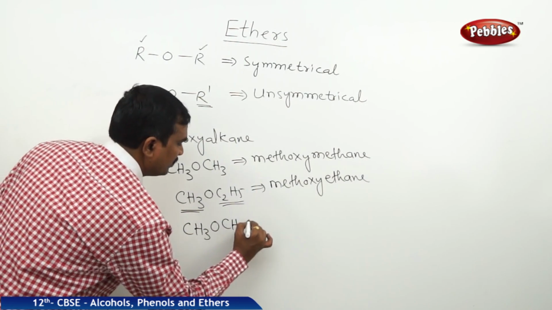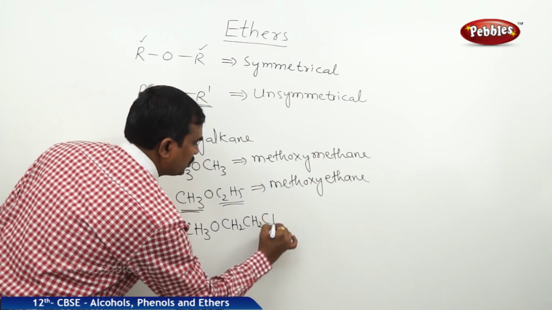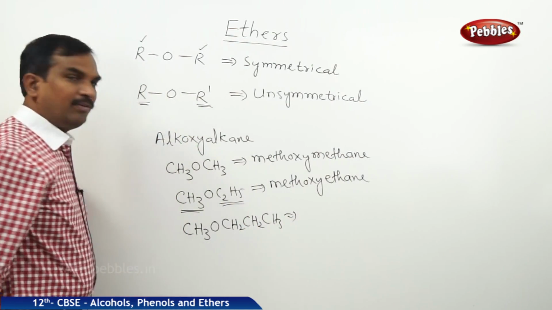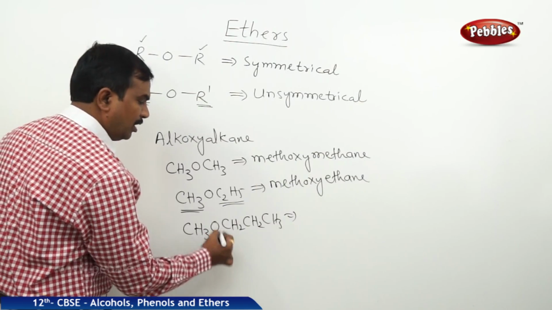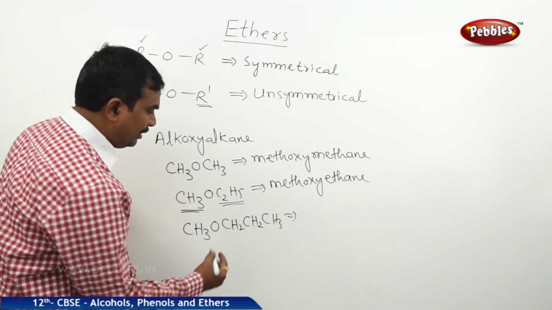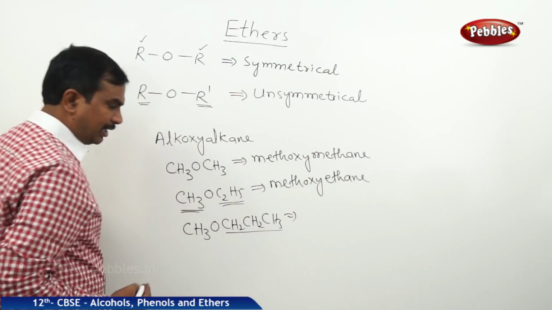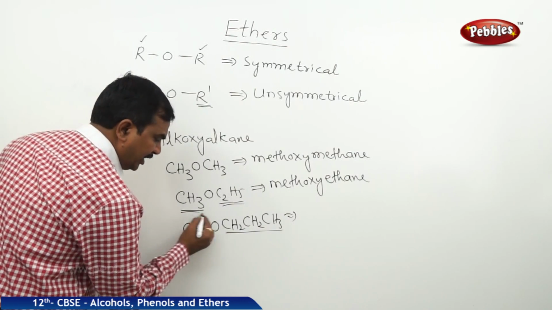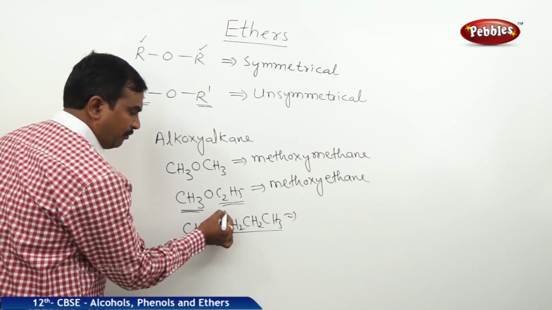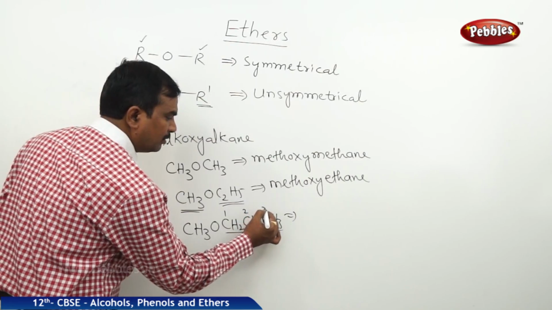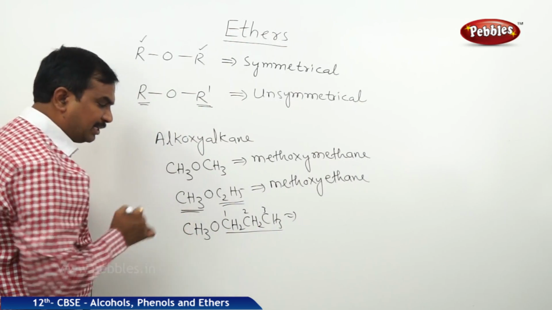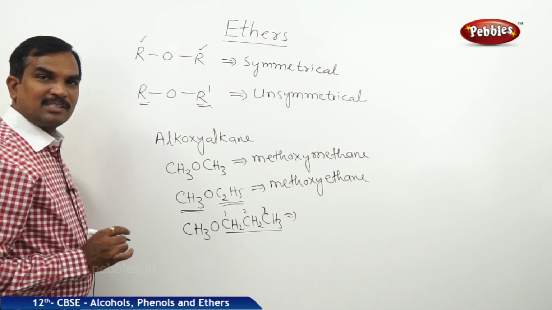And take for example another case, CH3OCH2CH2CH3. Here we have 3 carbons, which is propane. Now in this propane, the OCH3 can be present on the first carbon or second carbon, but as per the rule it is present on the first carbon atom.